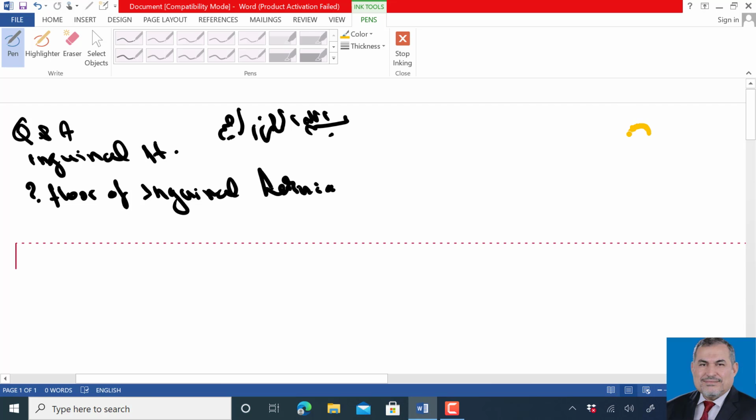Suppose this is the iliac crest, this is the inguinal ligament, this is the pubic symphysis, internal ring, and this is external ring.